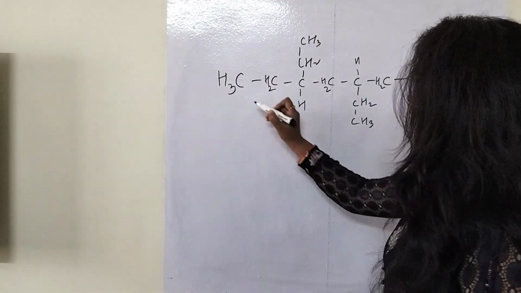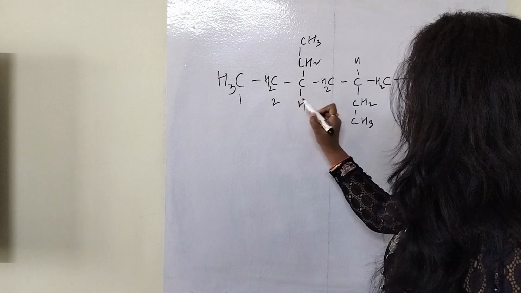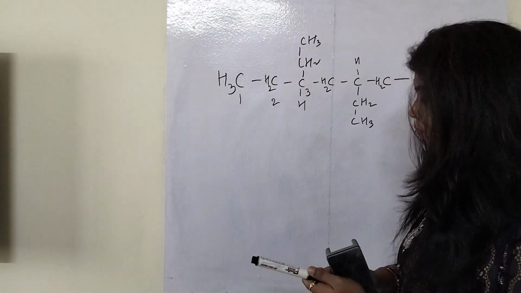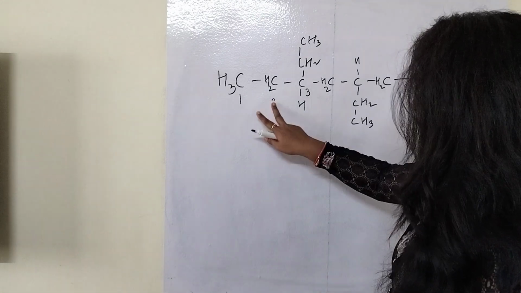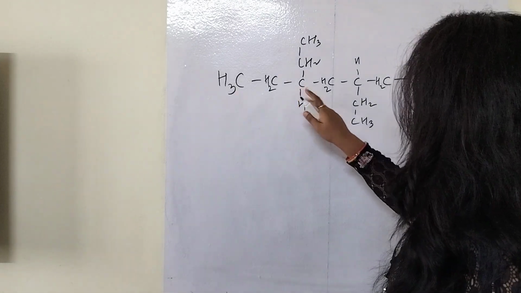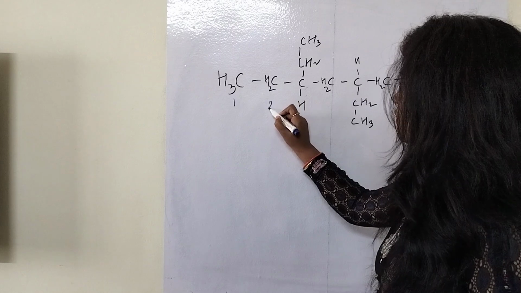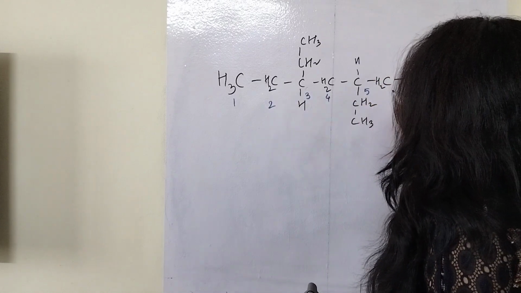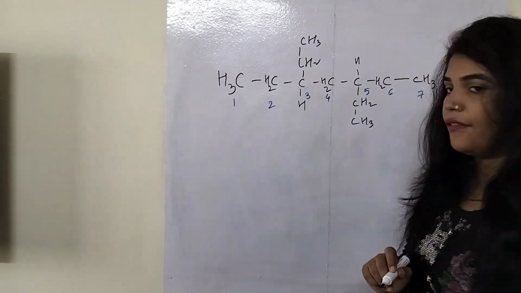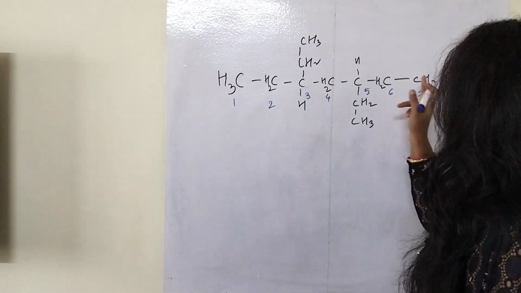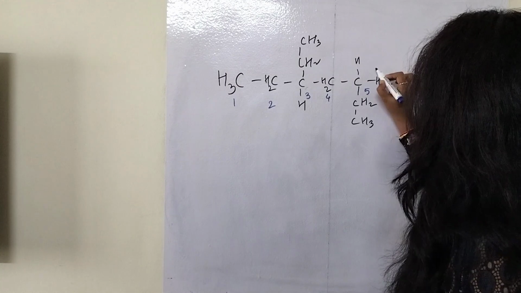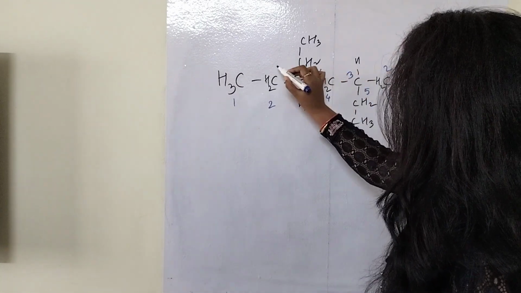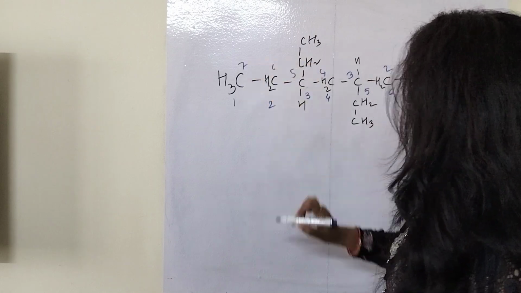I will give the number from here: 1, 2, 3, 4, 5, 6, 7. If I give the numbering from this side, then 1, 2, 3, 4, 5, 6, 7.